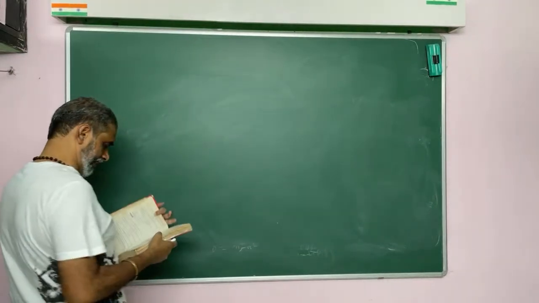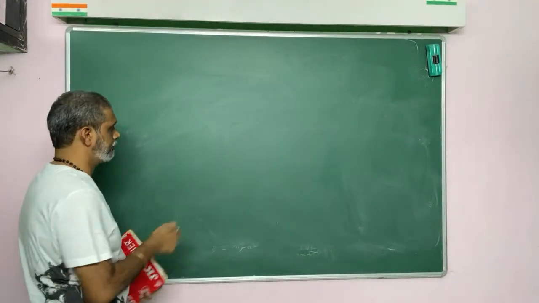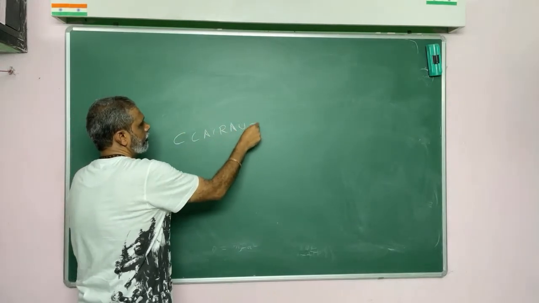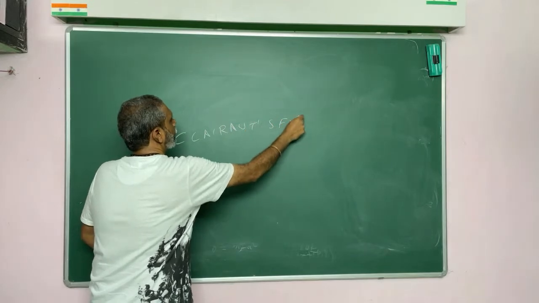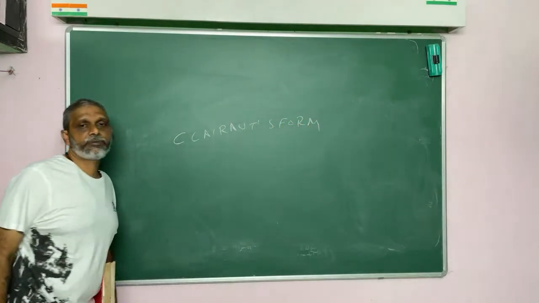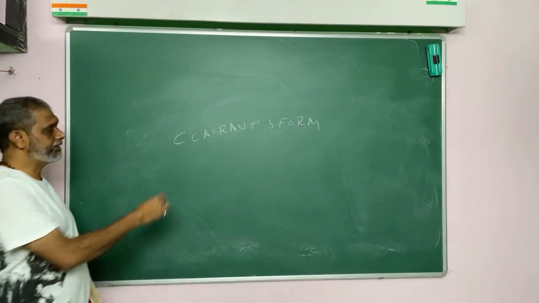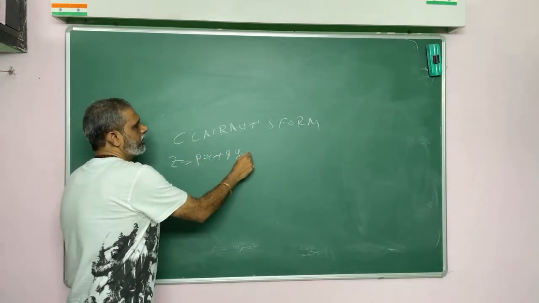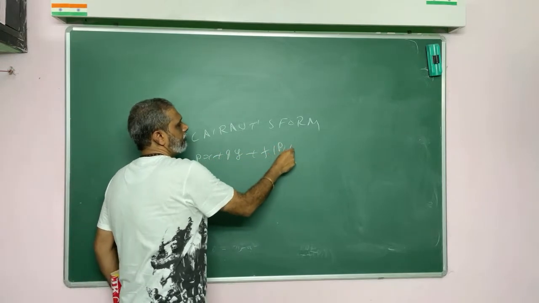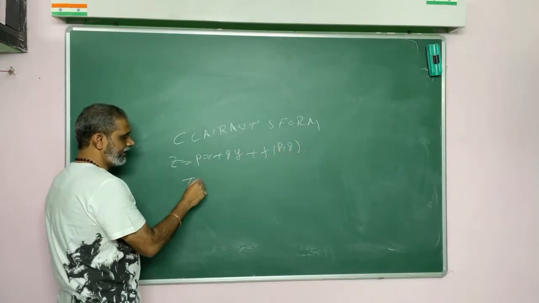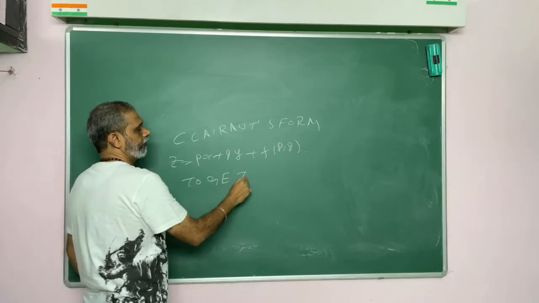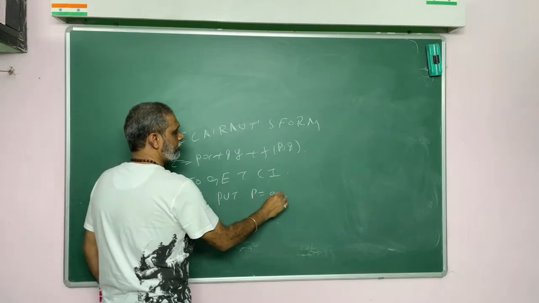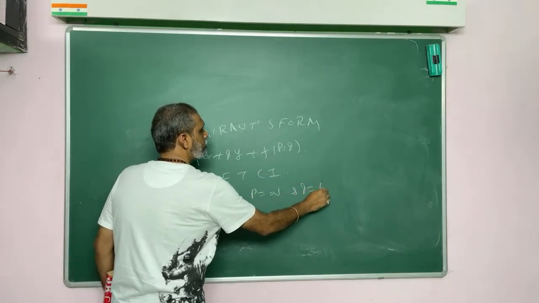Second type is what? Clairaut's form. The shape should be, as I said, z is equal to px plus qy plus f of p, q. So to get the complete integral, put p is equal to a and q is equal to b.